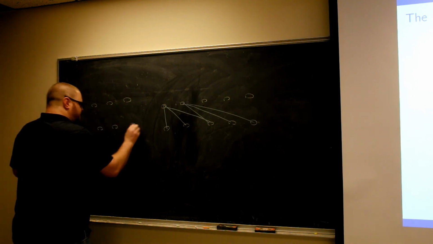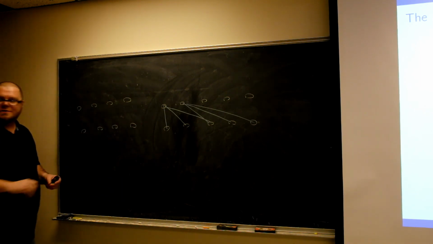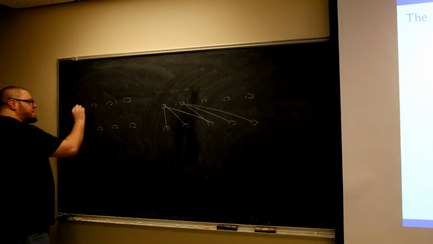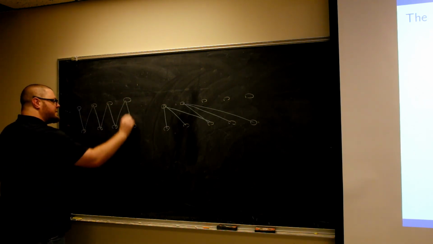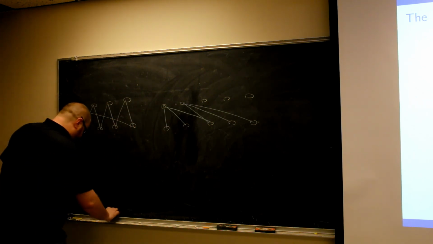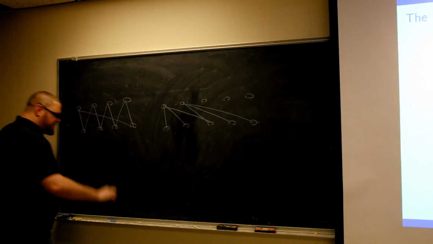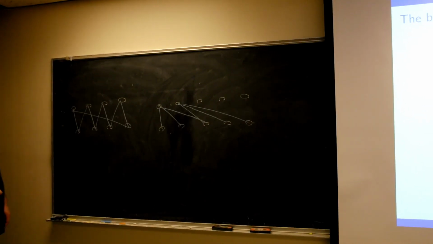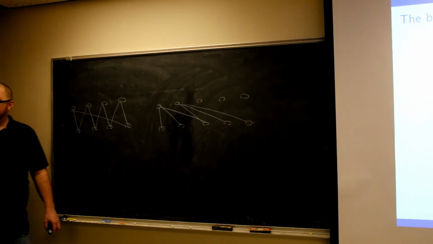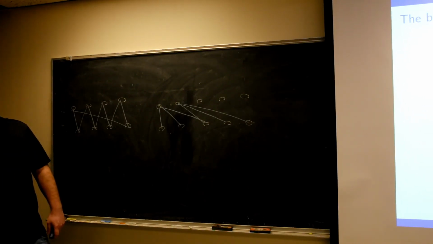Basically the blue graph and the red graph are both just going to be an 8 cycle. And the rest of them are red. And if you stare at it, you'll realize that the red graph is also an 8 cycle.